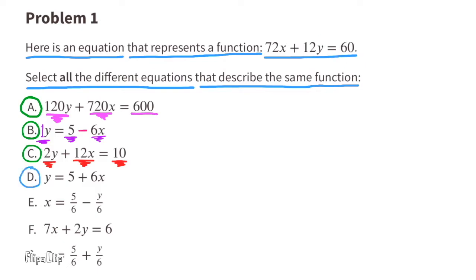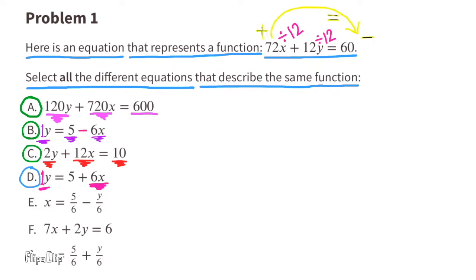D. Y equals 5 plus 6x. Let's look at the y term on the left-hand side of the equal sign. It started out as a 12y and then became a 1y. So that's 12 times smaller. So 12y divided by 12 equals 1y. Now let's look at the x term. The x term actually went from the left-hand side of the equation to the right-hand side of the equation. 72x divided by 12 equals 6x.